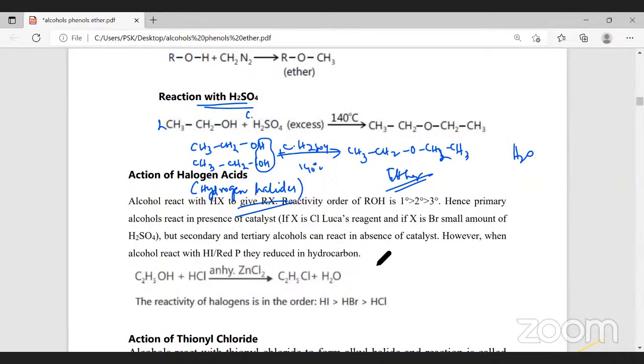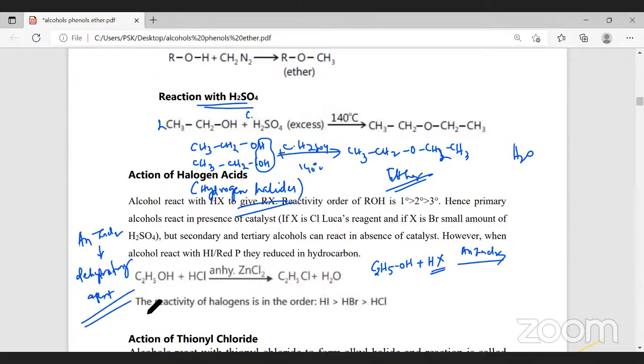An alcohol, C2H5OH, when it's allowed to react with hydrogen halide, generally we'll represent it as HX. It can be HCl, it can be HBr. And this is treated with anhydrous zinc chloride. Anhydrous zinc chloride is a dehydrating agent. Not only concentrated sulfuric acid, this is also a good dehydrating agent.